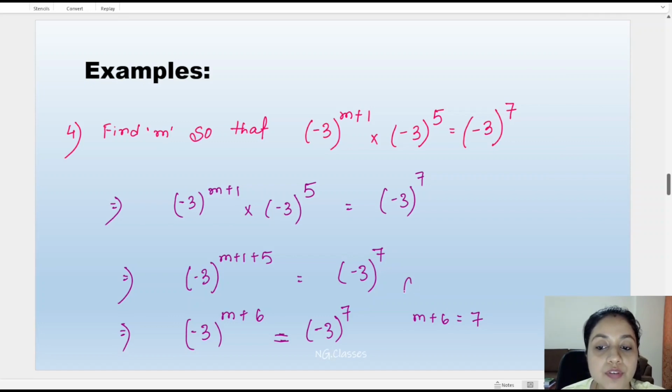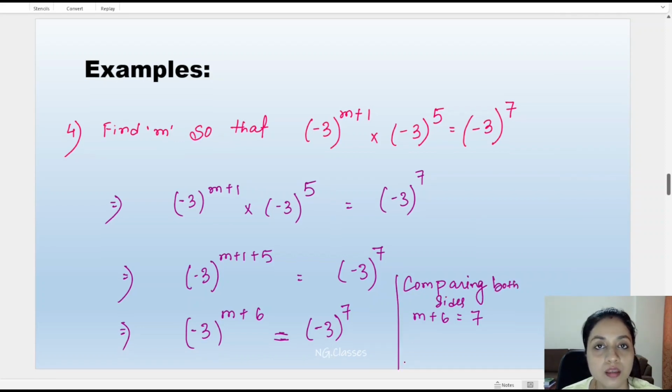We will write comparing both sides, which will give us the value of m as 1. And hence we got the value of m with the help of the given expression. Be careful, we are not cancelling -3 with -3 because that is not allowed over here. We can only compare both sides due to the equality sign.